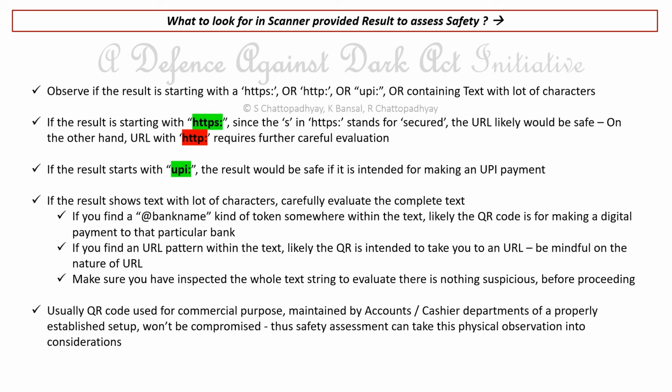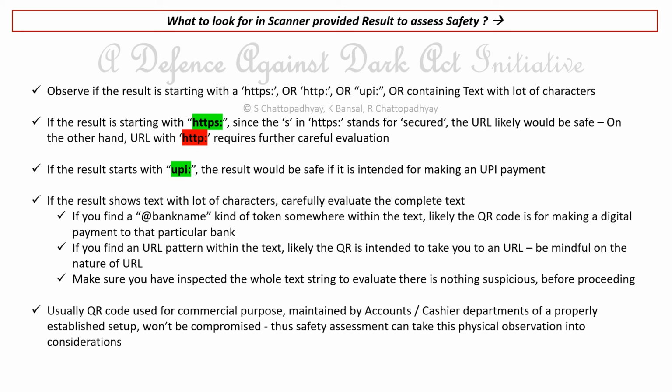For example, a restaurant's digital menu will be hosted on a restaurant's website or domain name. So the domain name should give you clarity that this particular QR code is actually taking you to the restaurant's domain name. And if it is hosted over HTTPS, then you have that added recognition that it is supposed to be a safe website.